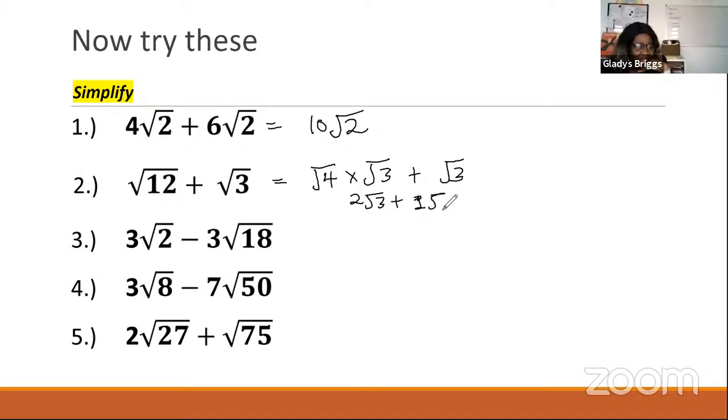Who knew that? Well done to you. Some of you knew it. 3 root 3. Some people wrote 2 root 3. It's 3 root 3, okay? Don't forget that there's 1 there, even though it's not written. Well done. The answers are coming back in. So this one is 3 root 3.